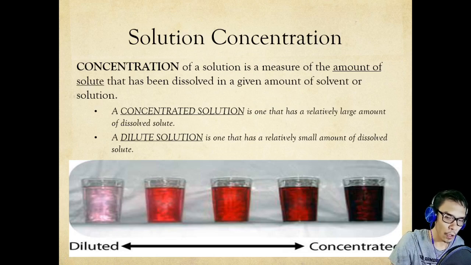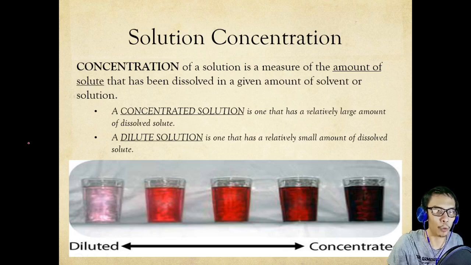The texture, the characteristics, or the physical appearance of your solution will tell you what kind of concentration is present there. So we have one here called concentrated solution, and the second one is a dilute solution. In a concentrated solution, there is a lot of solute compared to solvent.